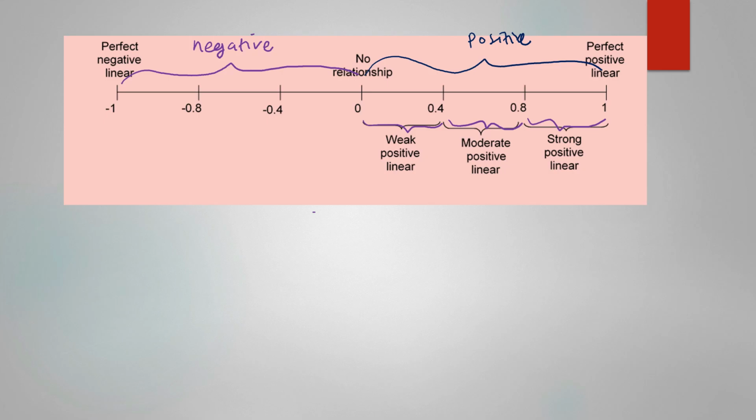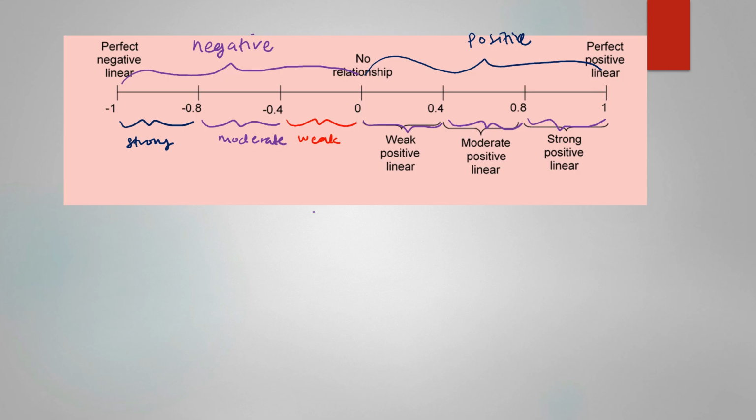It is the same on the negative side: for values from 0 until negative 0.4, it is defined as weak negative linear. From negative 0.4 until negative 0.8, moderate negative linear. And from negative 0.8 to negative 1, strong negative linear.